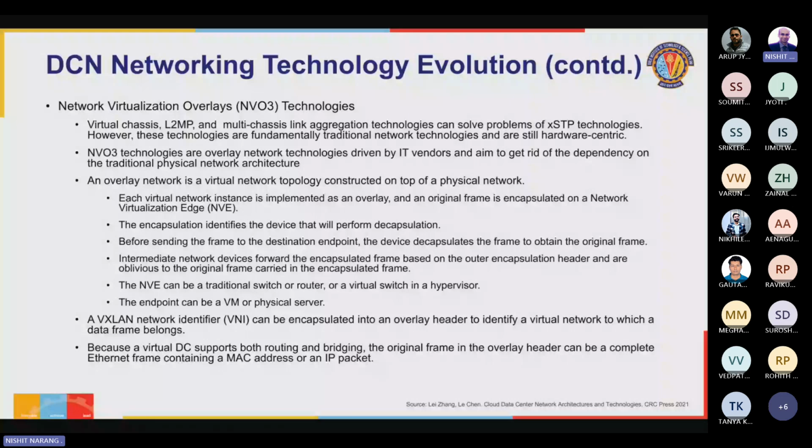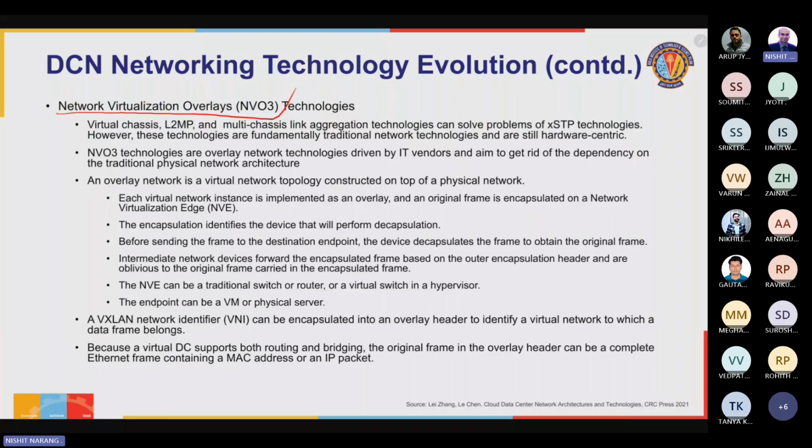Okay. So in terms of the modern data centers, we've talked about the underlying topological structure, which we said is the leaf spine topology or its extension. But what are the protocols that run? Earlier, I just made a simple statement saying all leaf and spine switches run L3 protocols. That's all I had said. In reality, the technology that is used is called NVO3, Network Virtualization Overlay technology.